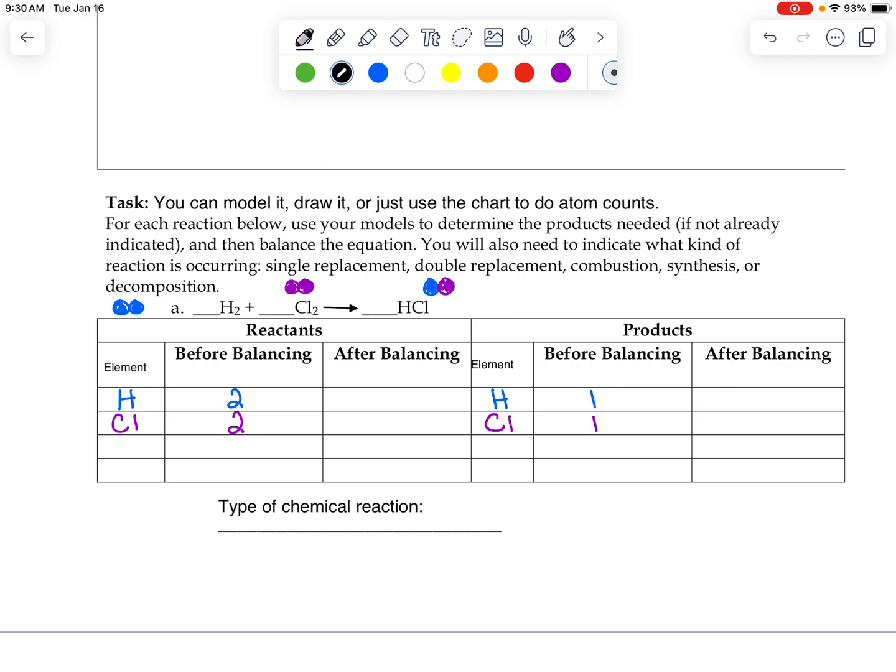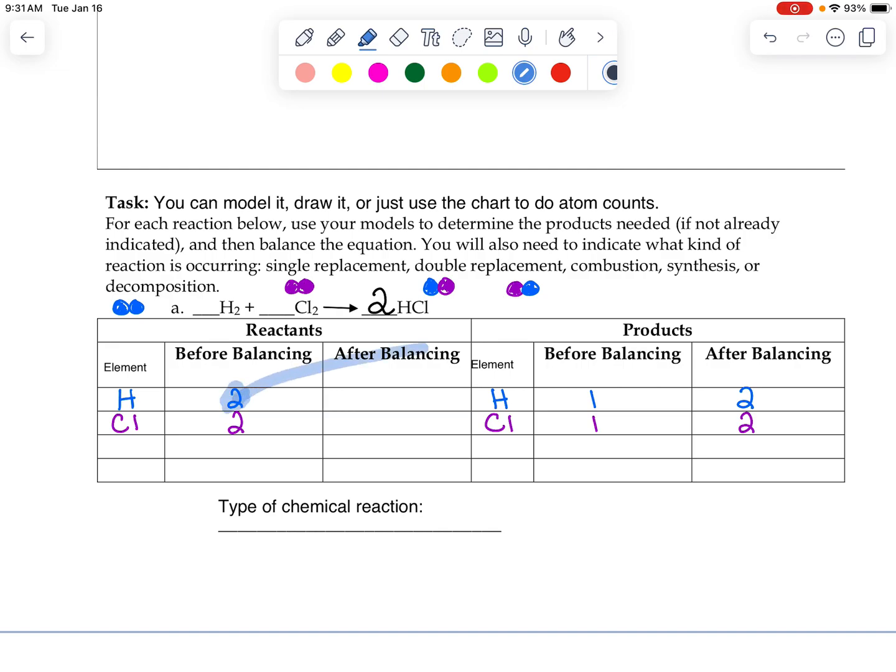Well, when we put in a coefficient, what we're doing is we're making more molecules. So if I put a 2 in front of the HCl, that means that I have another molecule of HCl. So that means that I now have two hydrogen atoms coming out and two chlorine atoms coming out. And so, since I now have two going in and two coming out, I can see that I am balanced.